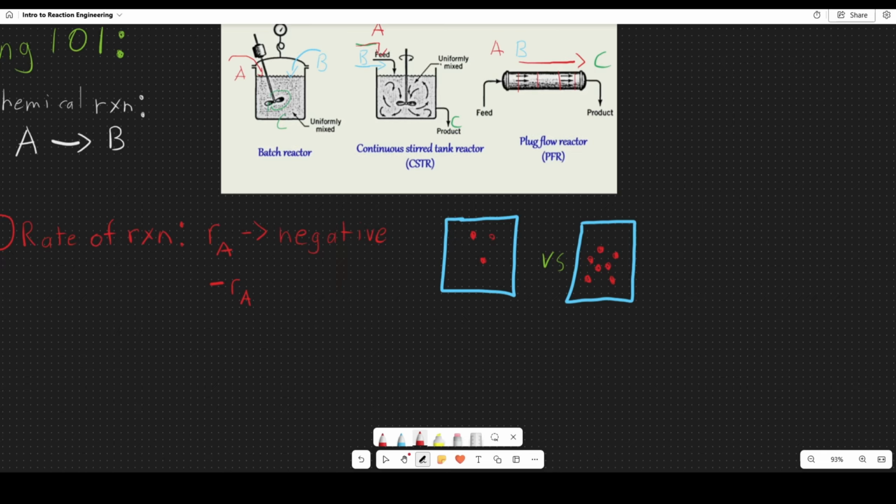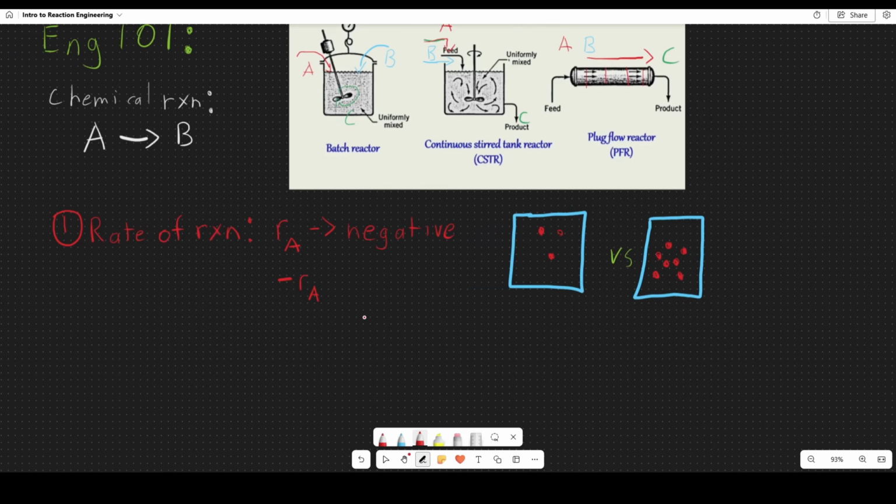We want to capture this in math, so we can write that minus r sub A is equivalent to k C sub A, where k is a constant. I'm going to call it the rate constant.